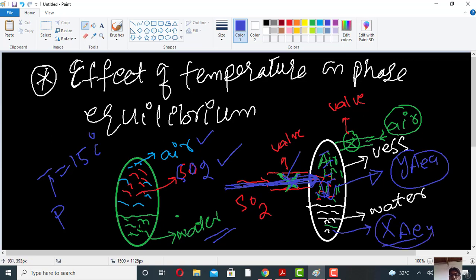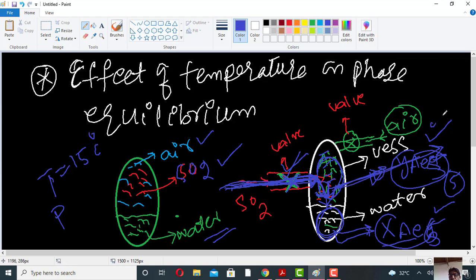Again we enter sulfur dioxide, measure the equilibrium concentration in the air above and in the water, and it comes out to YaE5 and XaE5 during experiment number 5, and so on. We open the valve for a certain time, close the valve, measure the equilibrium concentration, and plot the equilibrium data on graphs.